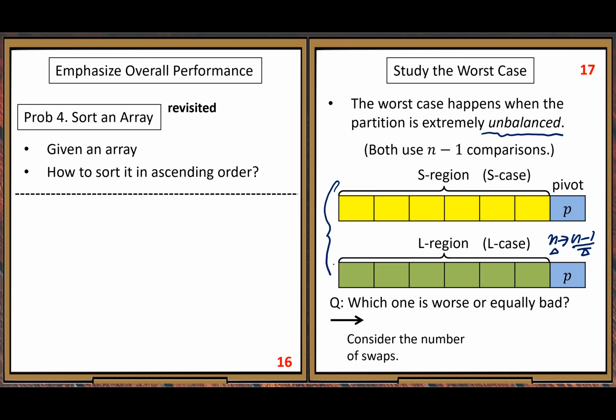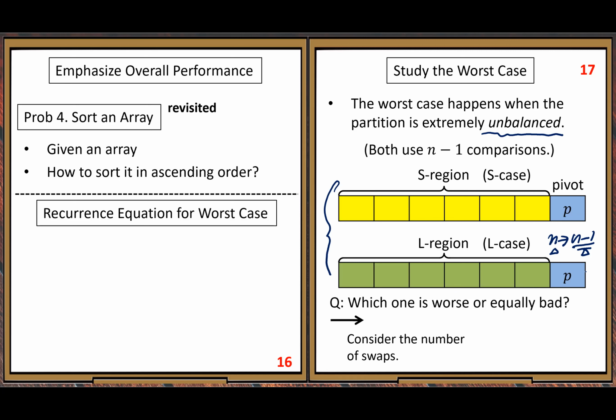In the first case, P is already in place. But in the second case, P is not in place. In order to put P in place, you need to do one more swap operation. So the difference between these two cases is just one swap operation. The lower one is a little worse than the upper one, by one swap operation.